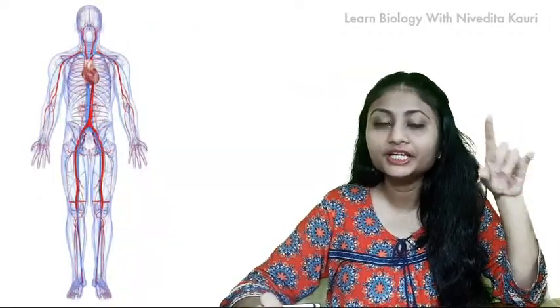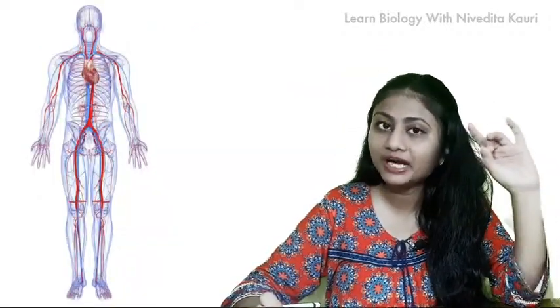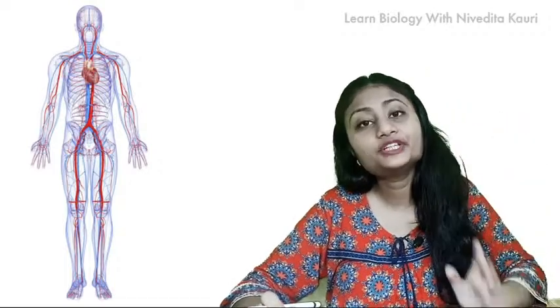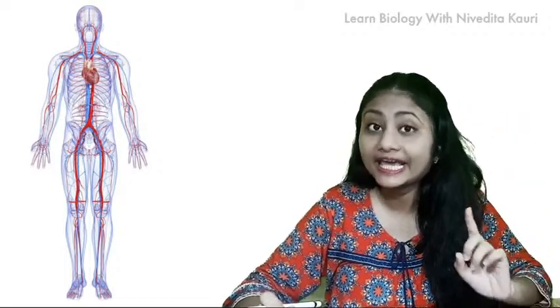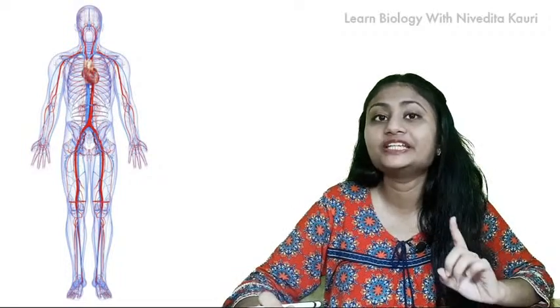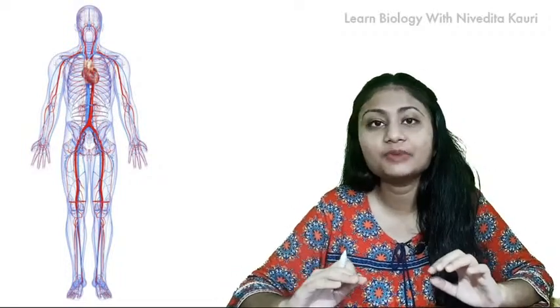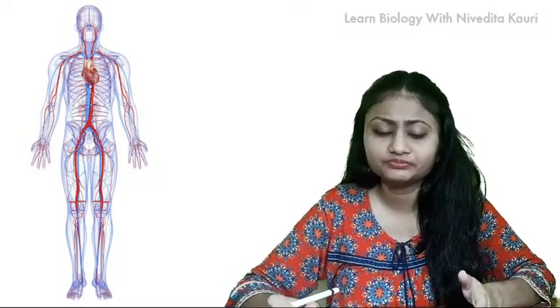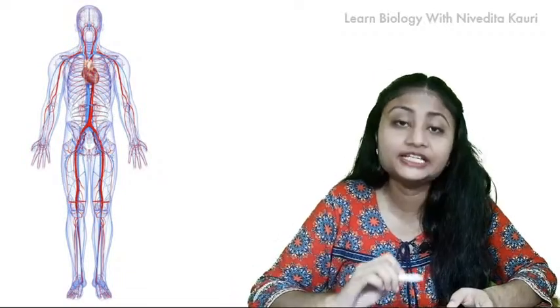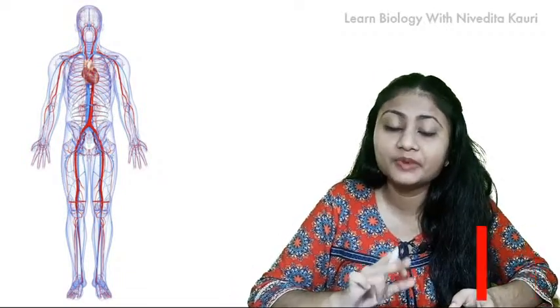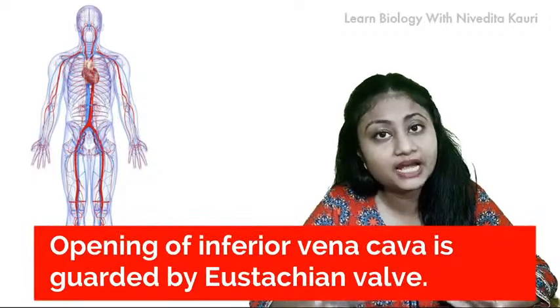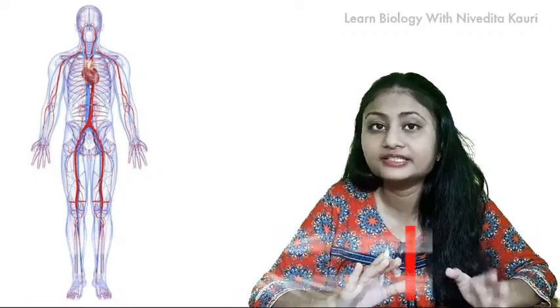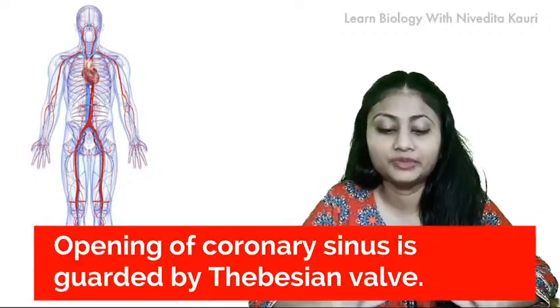To ensure the unidirectional flow of blood through the heart, different openings of heart except the opening of superior vena cava are guarded by some valves. The opening of the inferior vena cava is guarded by Eustachian valve, and that of the coronary sinus is guarded by Thebesian valve.